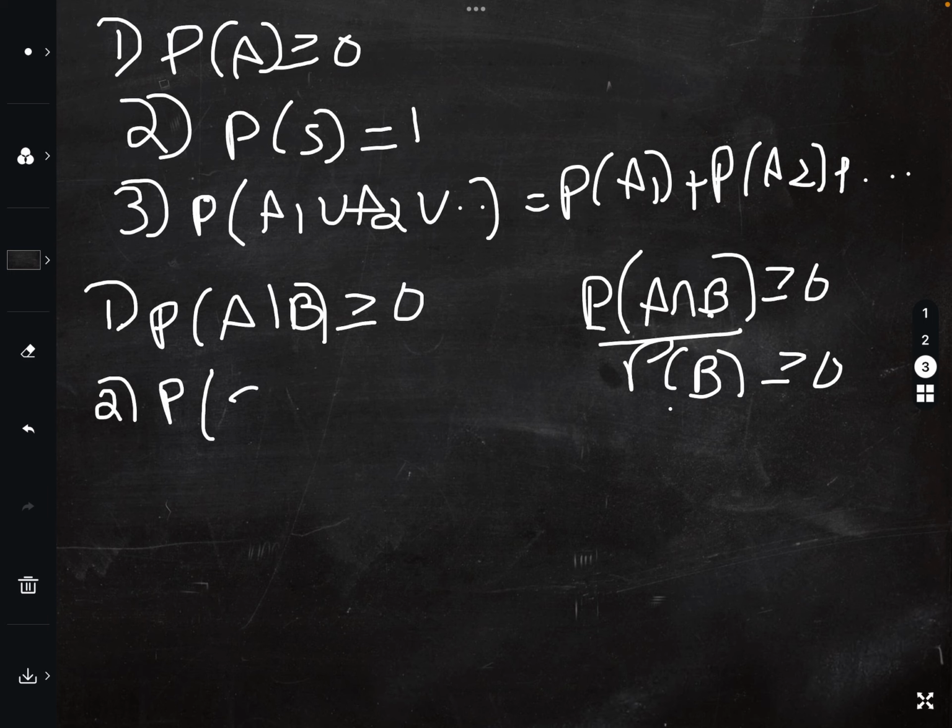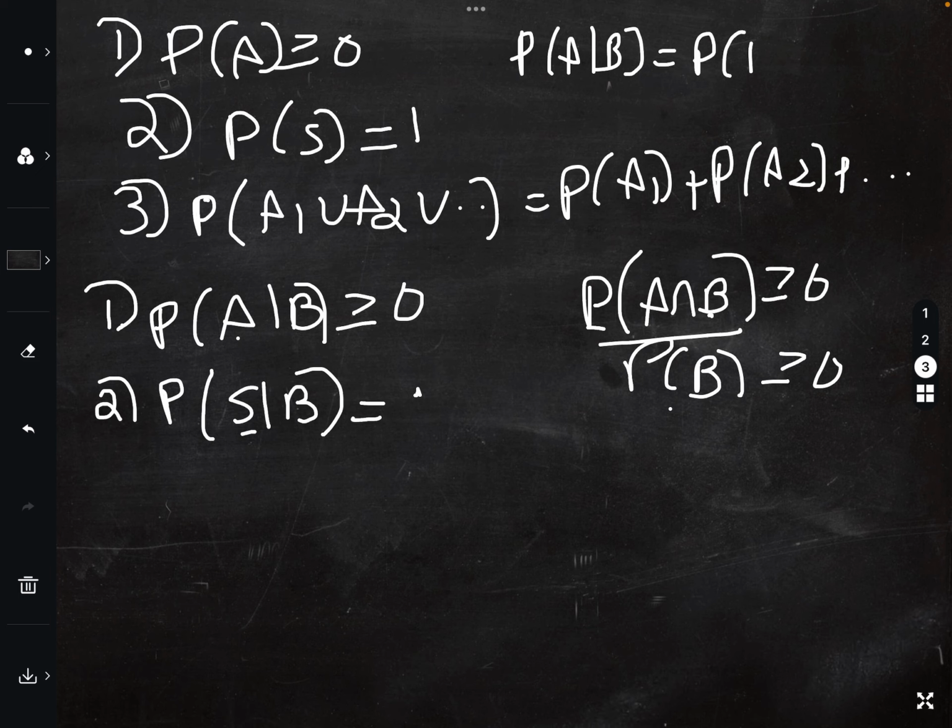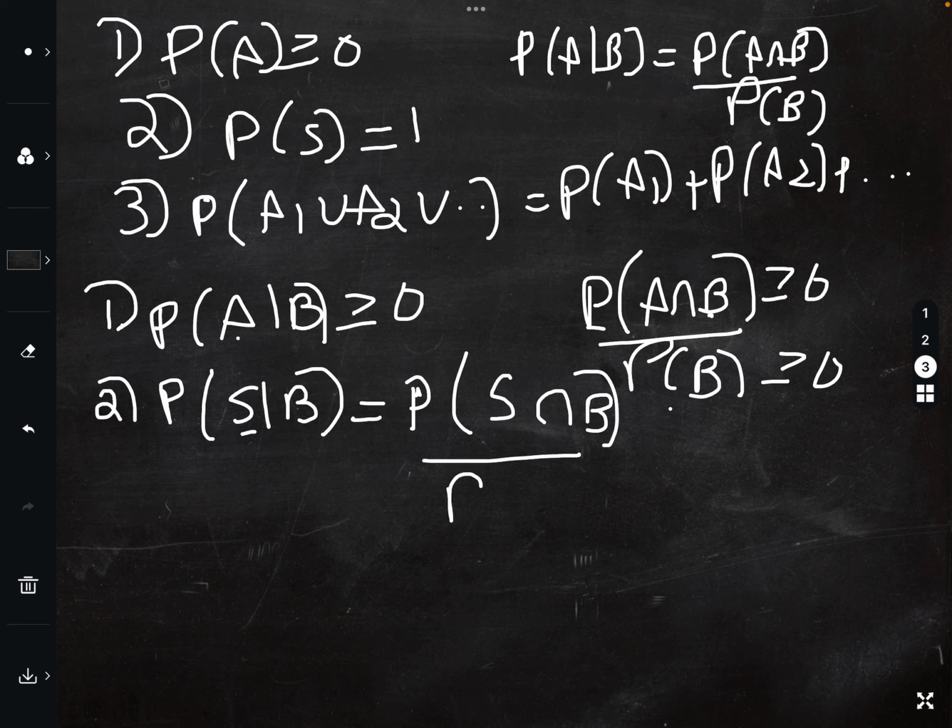Then second, probability of sample space is equal to 1, that is, probability of S given B. Instead of A here we use S. We know that probability of A given B is equal to probability of A intersection B divided by probability of B. Here, instead of A, we use S: S intersection B divided by P of B. You know that, for example, S is equal to {1, 2, 3}, that is the sample space, and B is equal to {1, 2}.